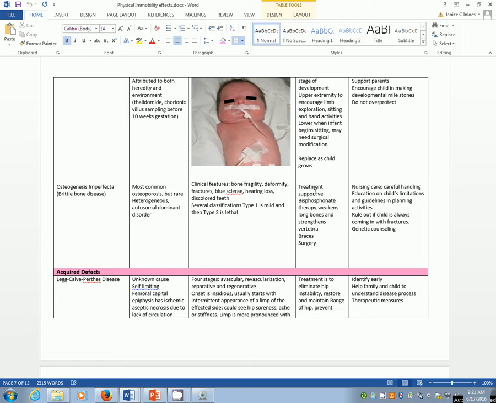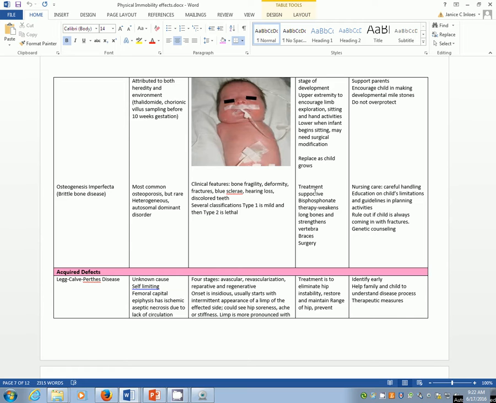With osteogenesis imperfecta, there is no bruising unless, of course, they've been hit with something. Their fractures usually just occur. They can just be walking and have a fracture occur, depending on how hard they put their foot down.